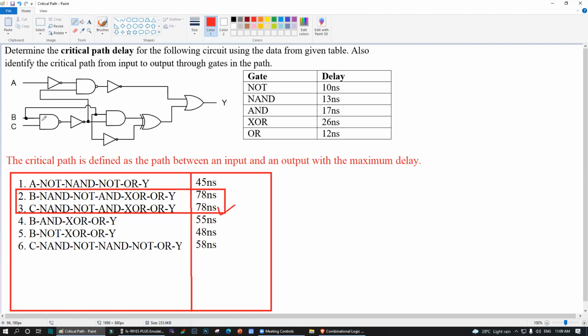Because look at this, B is here, B is also here, right? An input starting with B can have a smaller delay as well. So that's why I will choose C.